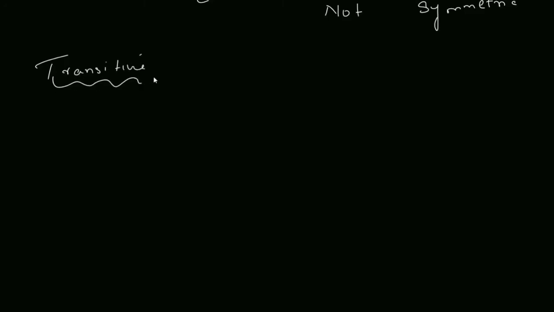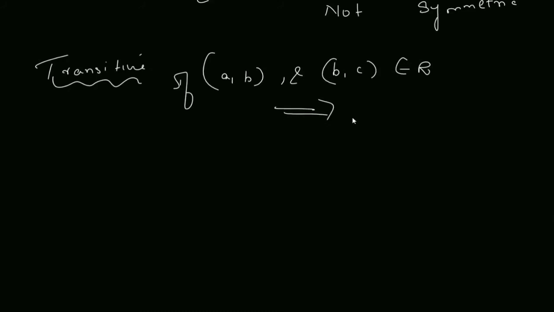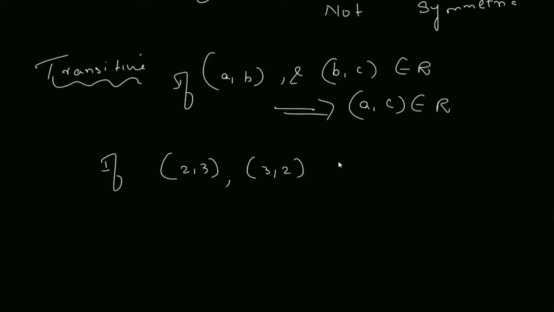A transitive relation is one where, if (a, b) and (b, c) belong to R, then (a, c) should be there in R. That means if (2, 3) and (3, 2) belong to R, then (2, 2) should be there in R.